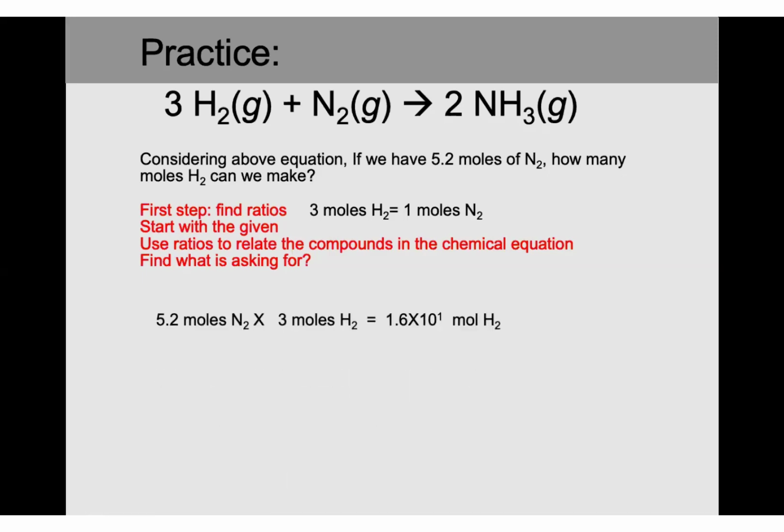Then we start with the given number, like the unit conversion method, and use this ratio as a conversion factor. Make sure the mole of N2 is in the denominator to cancel out with the previous numerator. The final answer should be in 2 sig figs. Make sure, guys, as in the unit conversion method, to follow the sig fig rule. So with 5.2 mole of N2, I can make 1.6 times 10 to the power of 1 mole of H2.